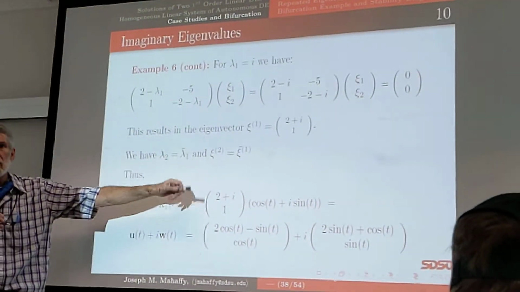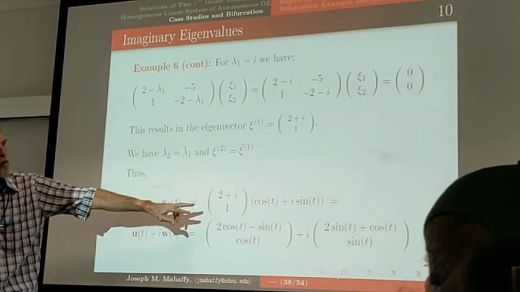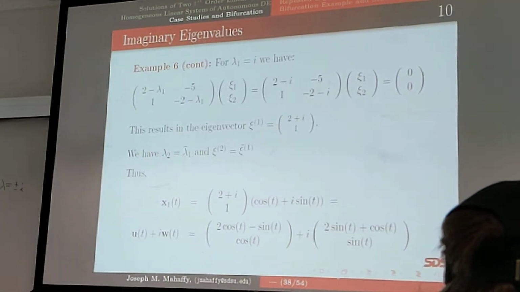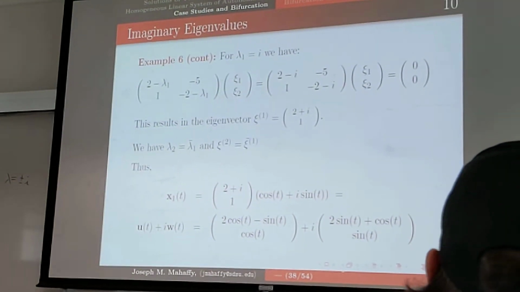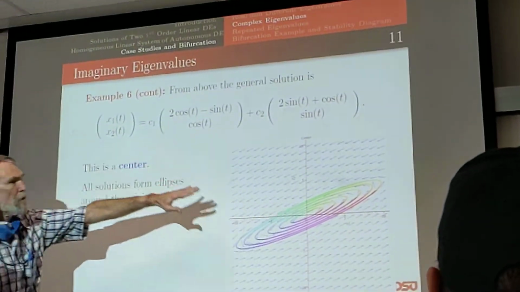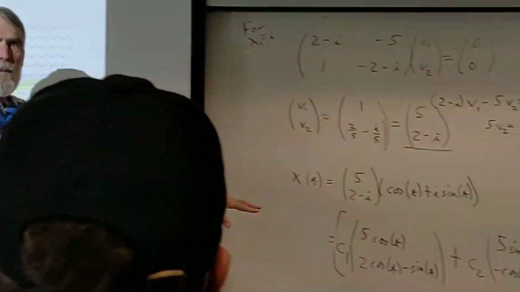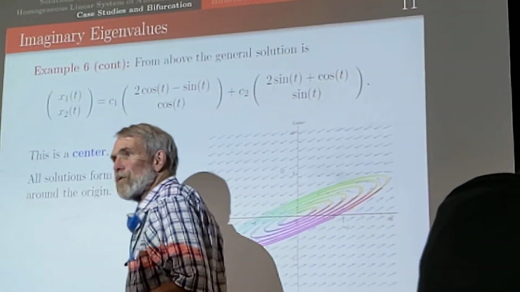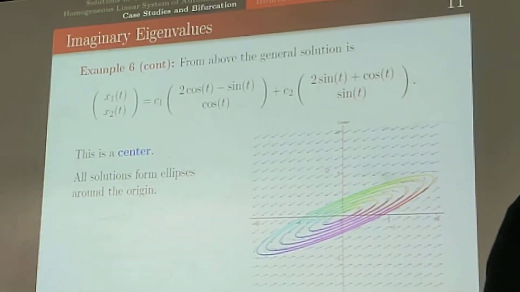You know, this one is 2i times that. Okay, so we've got my solution. Again, this one's different than this one. I'd have to do a little bit of manipulating to get it into this form, but I could.